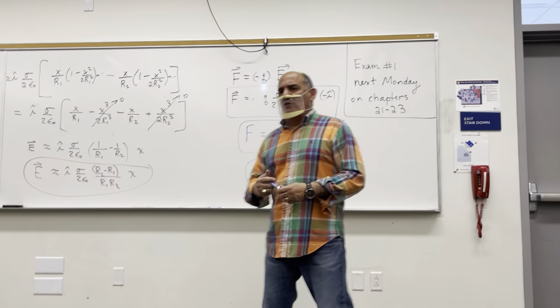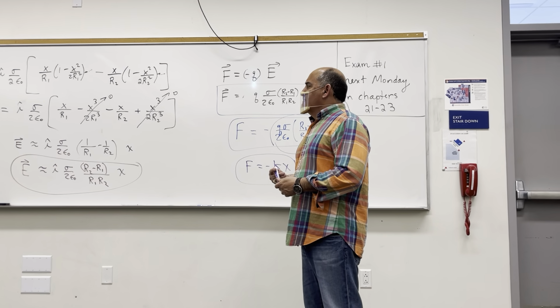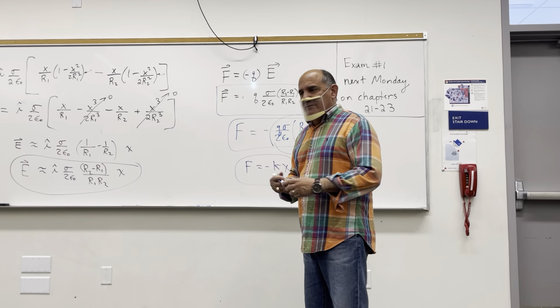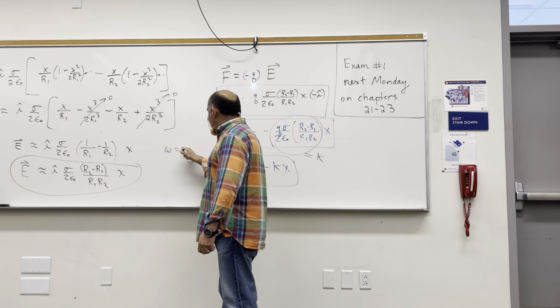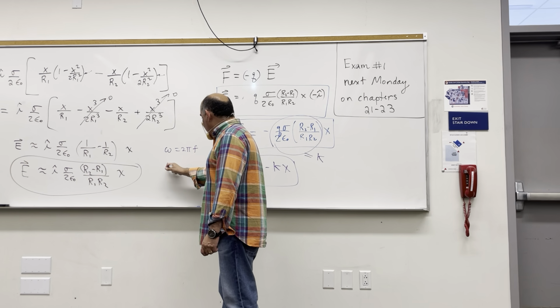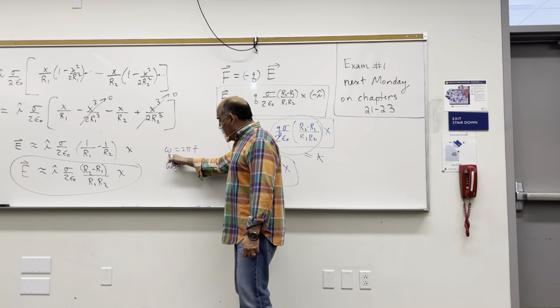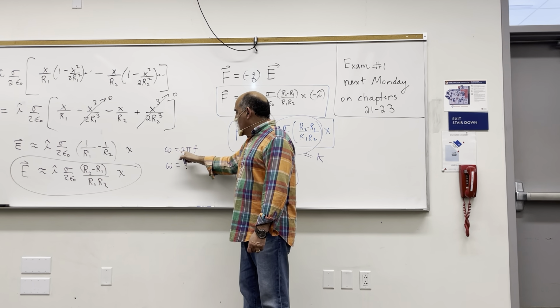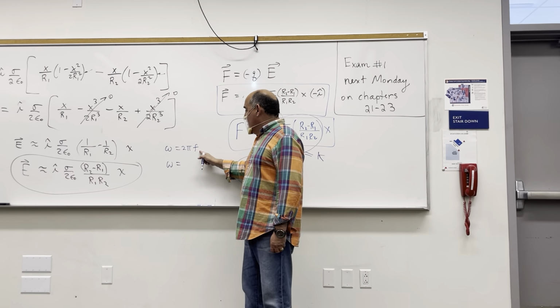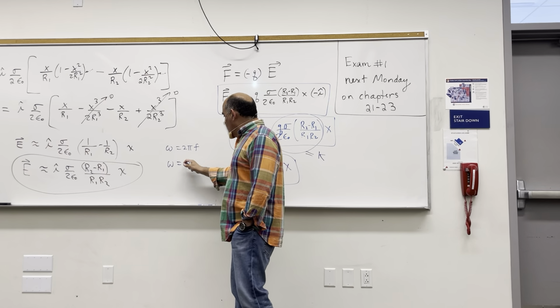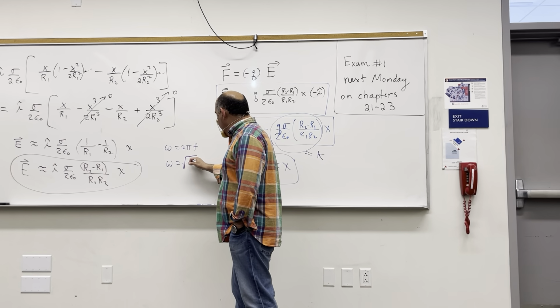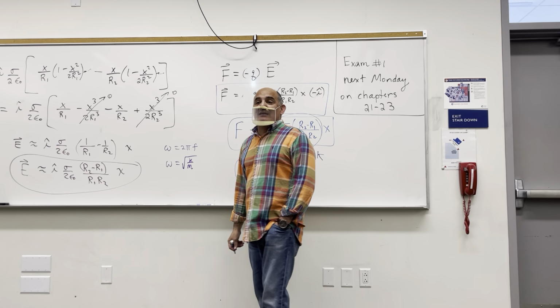So if you look at your notes for simple harmonic motion, the angular frequency of oscillation is 2 pi f. The angular frequency omega, in radians per second, is 2 pi times the frequency in hertz. For a spring-mass system, this is equal to the square root of k over m, where k is the spring constant.